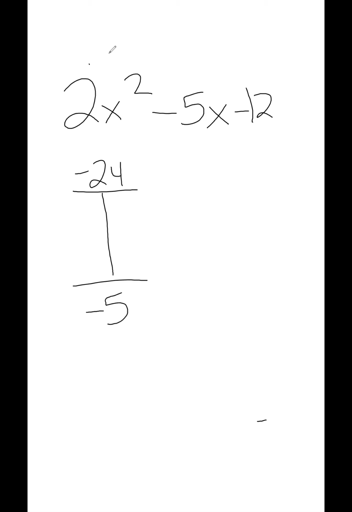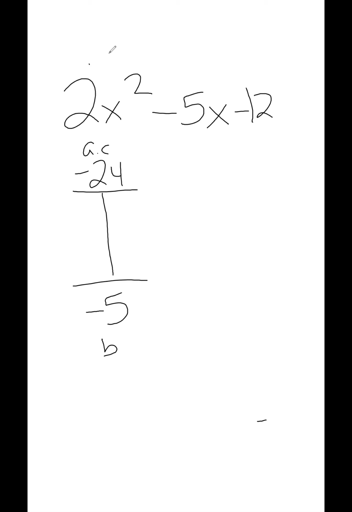And then b is negative 5. So now I have to figure out what multiplies to negative 24 and adds to negative 5. And just remember, this is a times c. That's where I got those. So what multiplies to negative 24 but adds to negative 5?